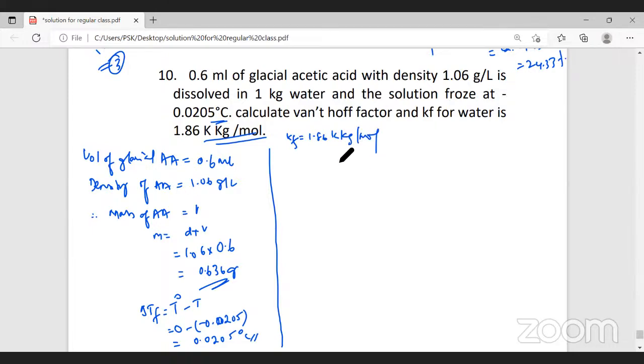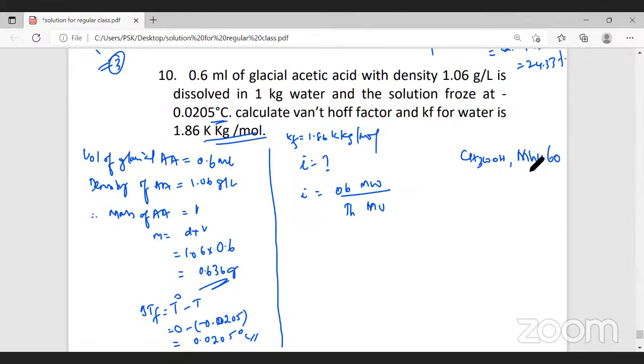Now tell me, what are we supposed to find? We're supposed to find the Van 't Hoff factor. In order to find it, we know the formula is observed molecular mass divided by theoretical molecular mass. Now, acetic acid is given, and we know the formula of acetic acid. I told you the molecular mass of acetic acid is 60.